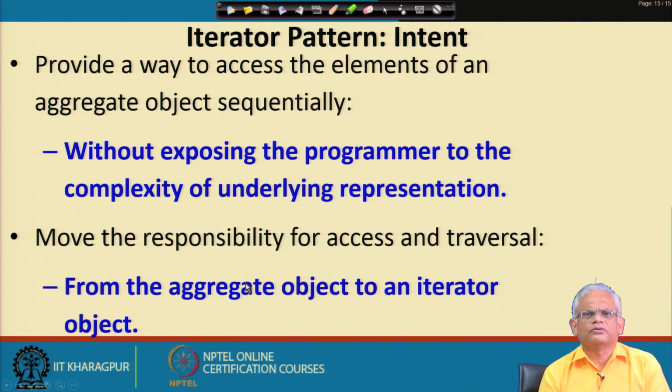For example, we want to traverse pre-order, post-order, in-order, level order and so on. The aggregate object may become too complex. So, here the responsibility of traversal is shifted to the iterator rather than to the aggregate object.